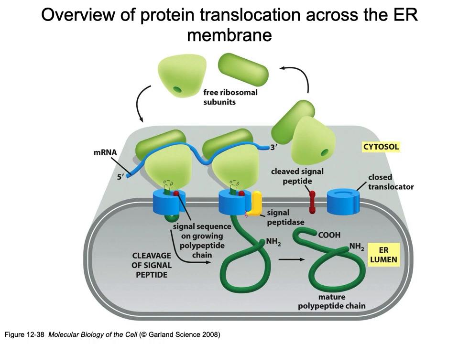Okay, so a couple of added pieces to this: there's going to be a signal recognition particle that is going to bind to that signaling sequence, and it will bring that ribosome and the messenger RNA to the ER, where it will bind to a receptor.